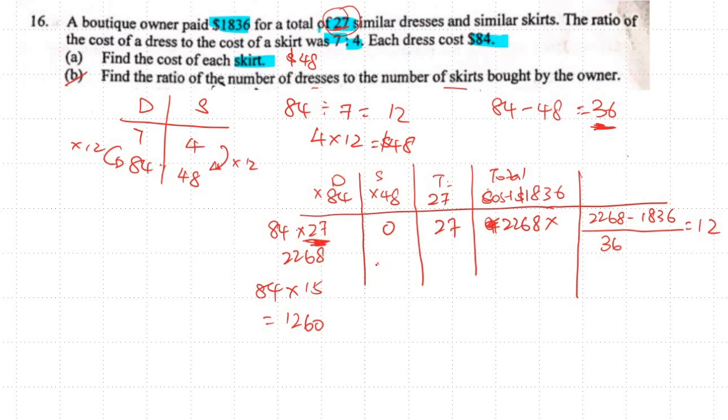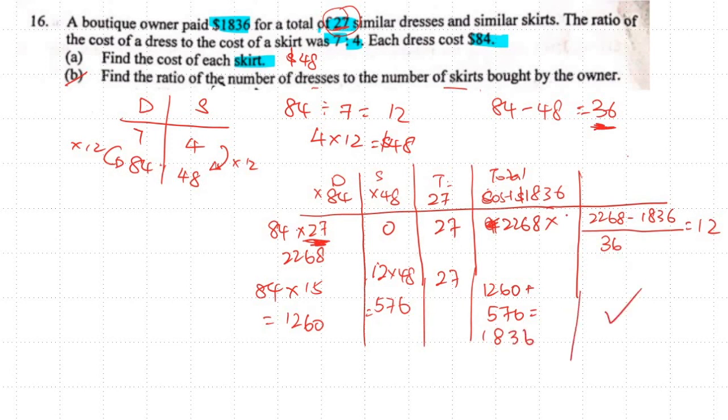And then here will be 12. 12 times 48 will give me 576, the cost. And then in total they add up to be 27 dresses and shirts. And in total I will have 1260 plus 576, which will give me 1836. Okay, cool. This is the correct one.